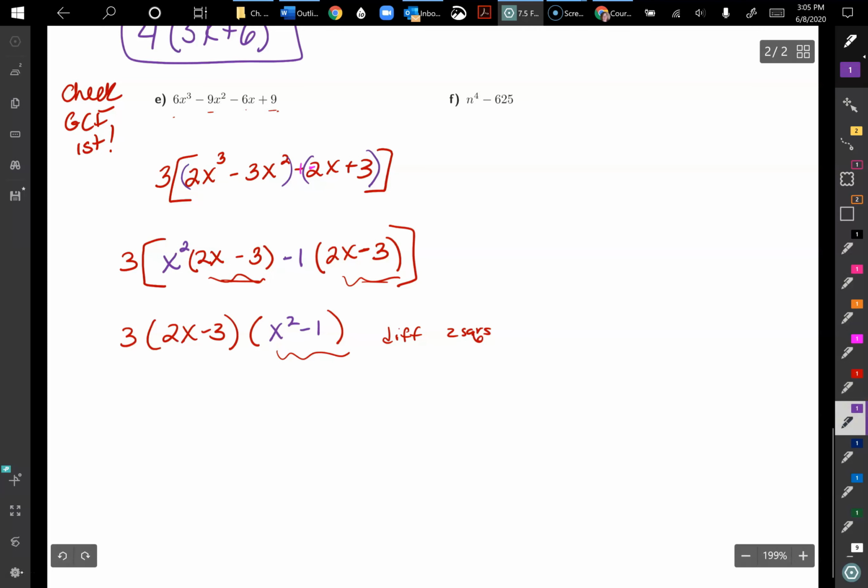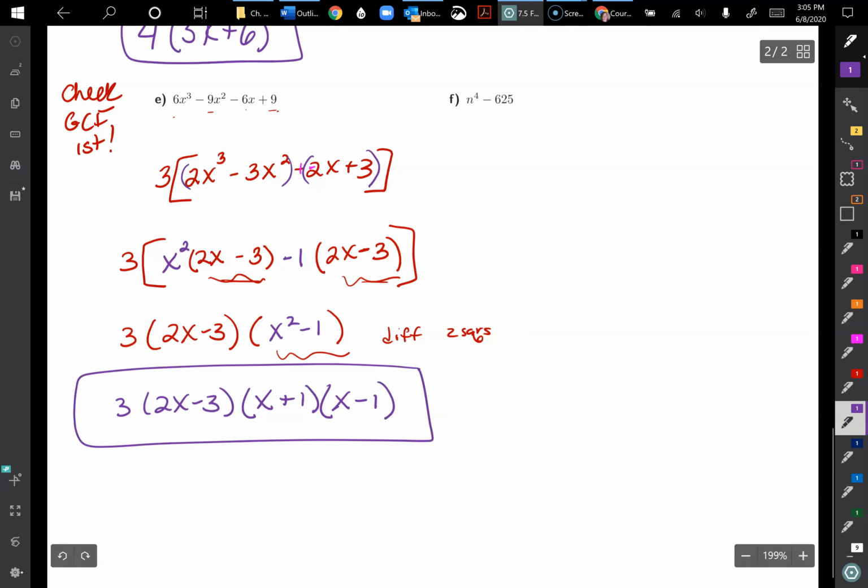And so I'm going to go to the next line, 3 times 2x minus 3, and then the square root of the first plus the square root of the second, times the square root of the first minus the square root of the second. So that is my whole answer. And then do the check just to make sure.